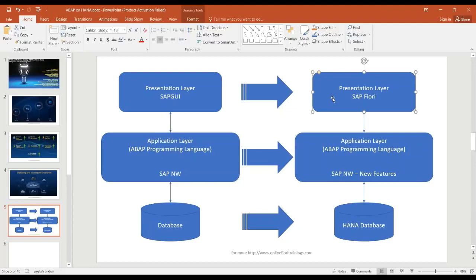So that's the evolution happening across all three layers, guys. Our main focus in this course will be to touch upon this middle layer, where we will be learning all the new features, all the innovations which have happened over a period of time in this middleware layer.